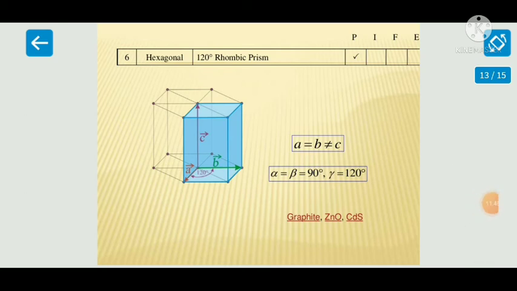A is equal to B is not equal to C. Alpha and beta are 90-degree and gamma is 120-degree. The angle between A and B is 120-degree, and between A and C is 90-degree.